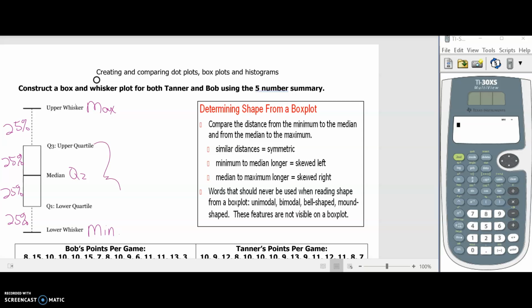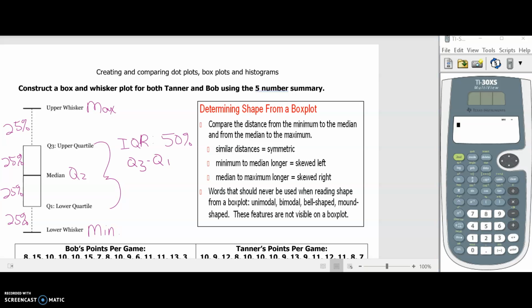The interquartile range, which is the difference between the third quartile and the first quartile, makes up 50% of the data.